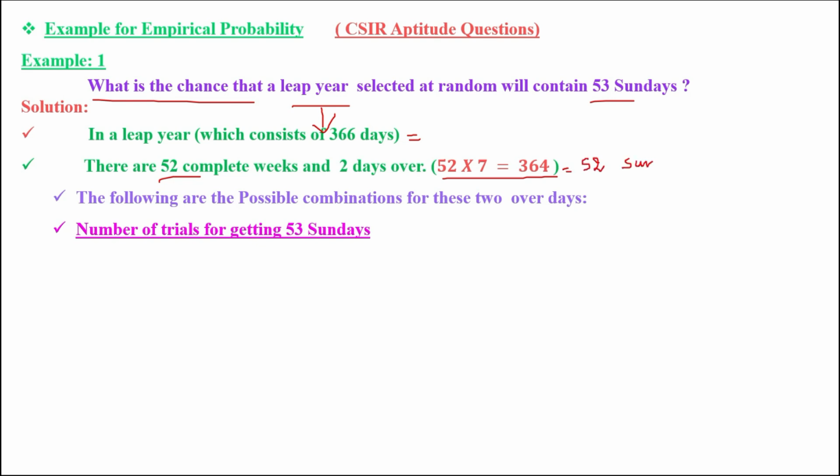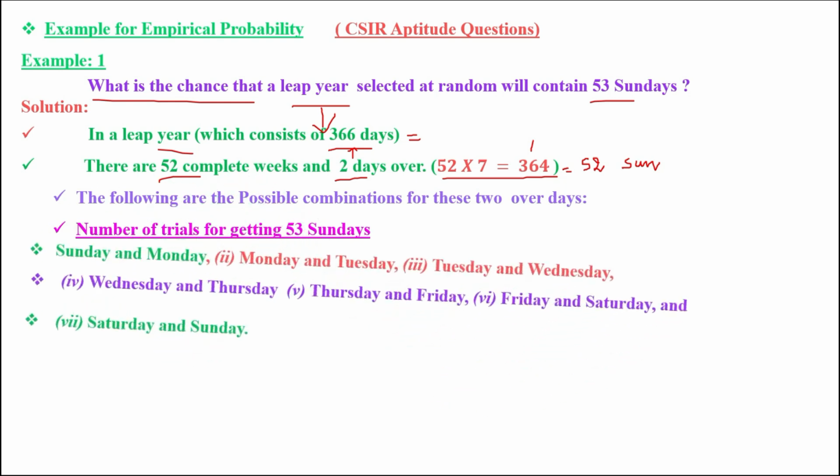Confirmed Sundays. Here a leap year means 366 days, and 52 weeks have only 364 days. One more 2 days exist in the leap year, right? 364, 365 and 366. In these 2 days, how many possible combinations of days are there?